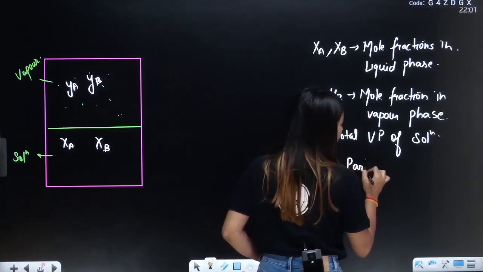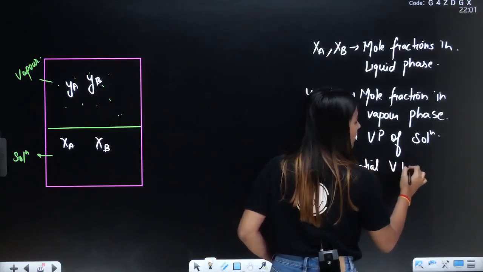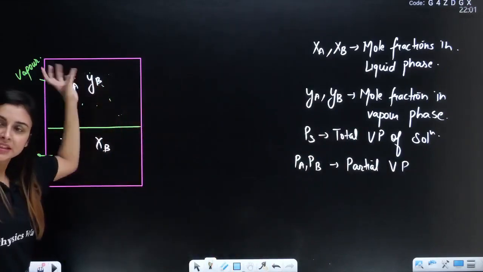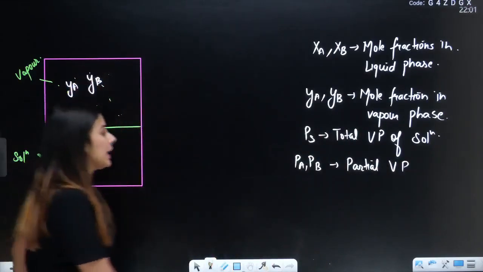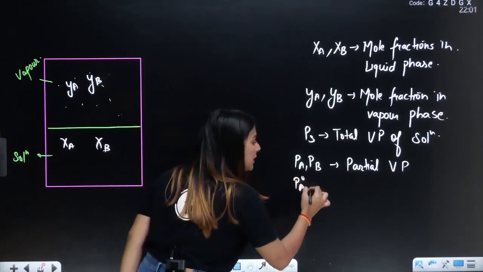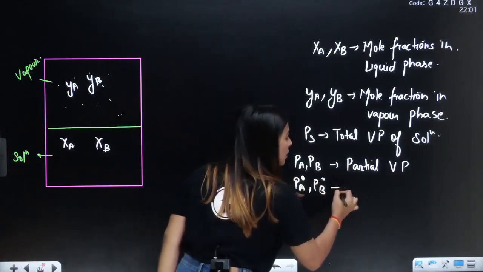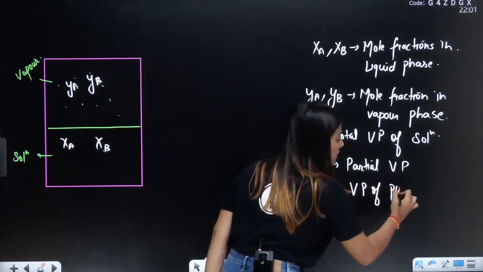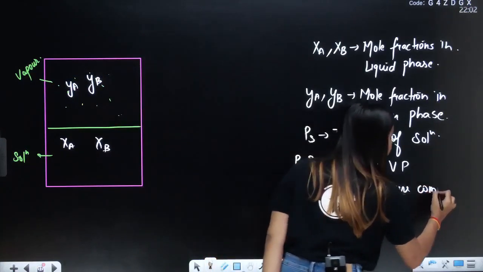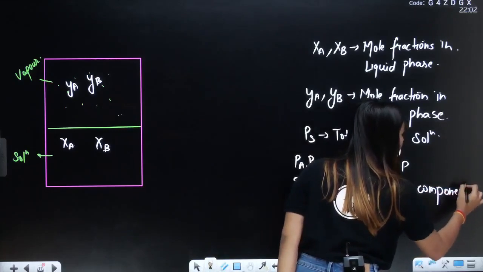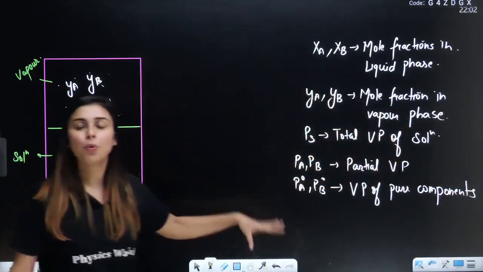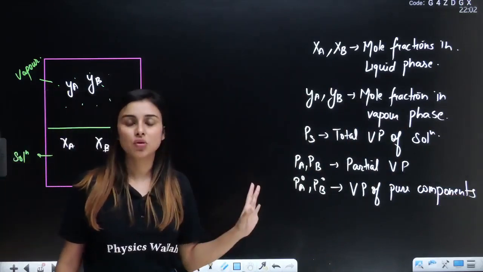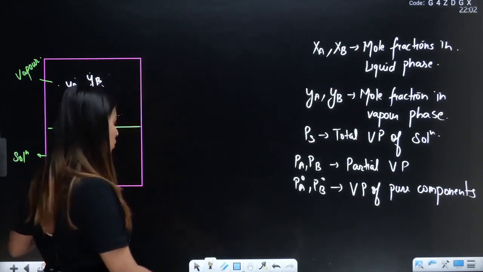Partial vapor pressures in the gaseous mixture here. And PA naught and PB naught are the vapor pressures of pure solvent, of pure component. I hope all the terms are clear. If all the terms are clear, you are crystal clear with this concept also.